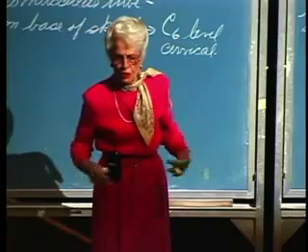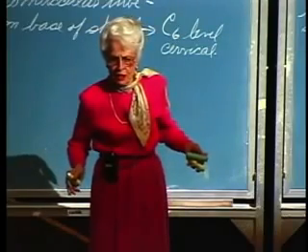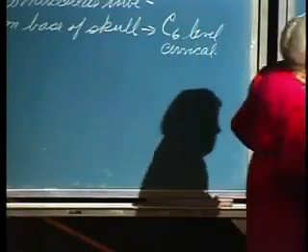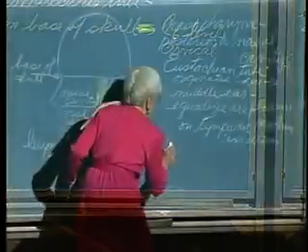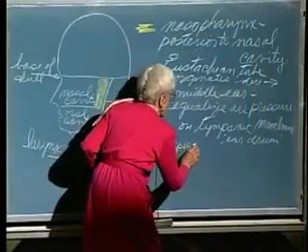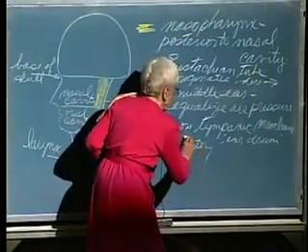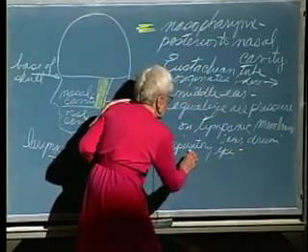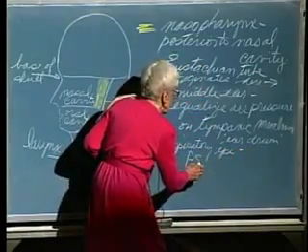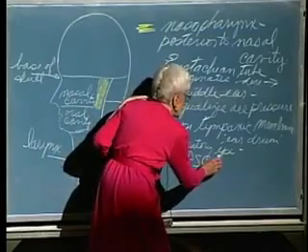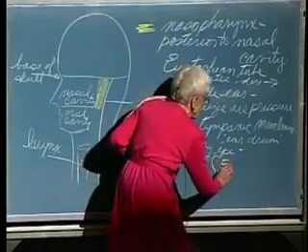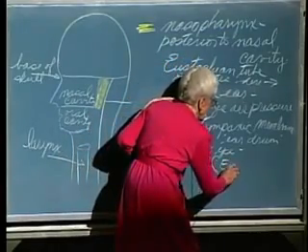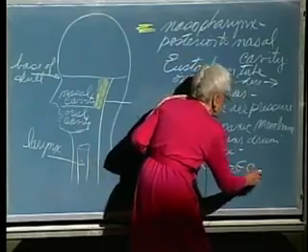So for the moment we'll call it respiratory epithelium, okay? With respiratory epithelium here. But I want you to say it. So it's going to be pseudostratified, columnar, ciliated epithelium with goblet cells.